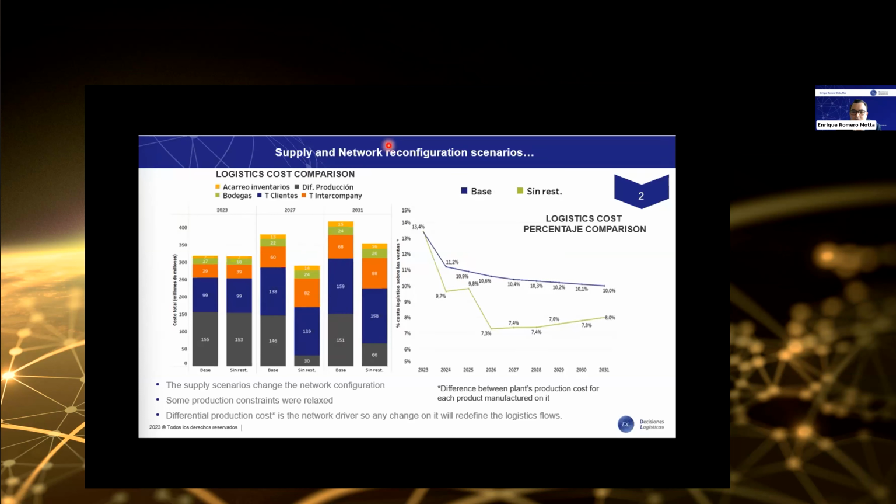So here we checked some interesting elements, and as you see, we made the comparisons between the baseline and a scenario without constraints. We relaxed almost every single constraint that we could, just to understand what the optimal configuration would be and how different that configuration would be from the current one.